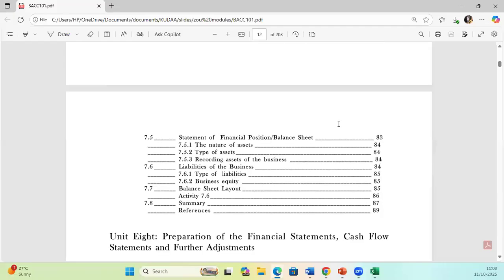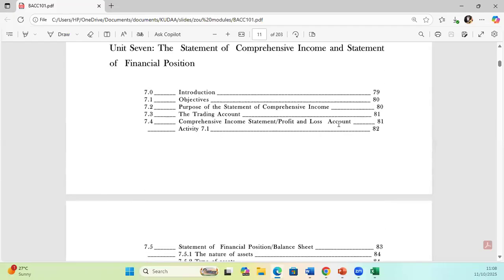So let's now get busy. Today we want to look at the statement of comprehensive income and the statement of financial position. That's the preparation of basic financial statements.